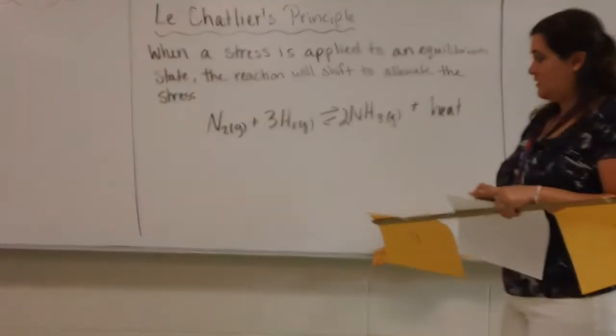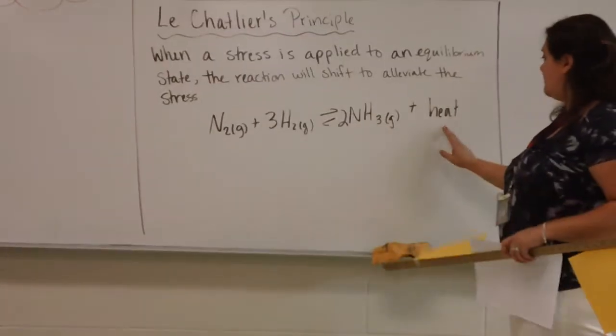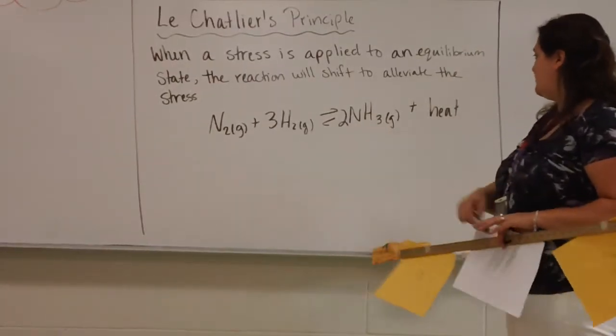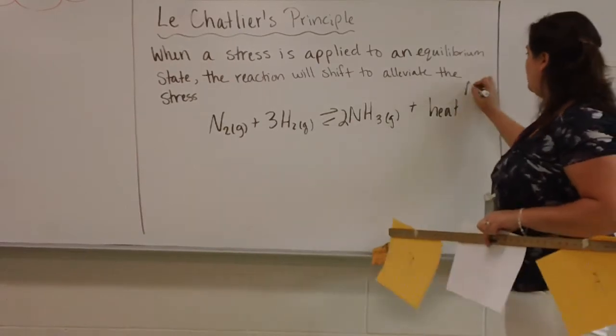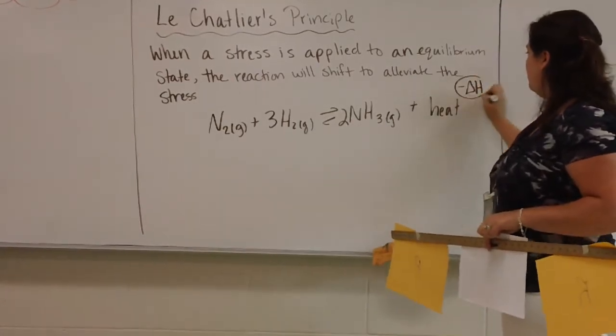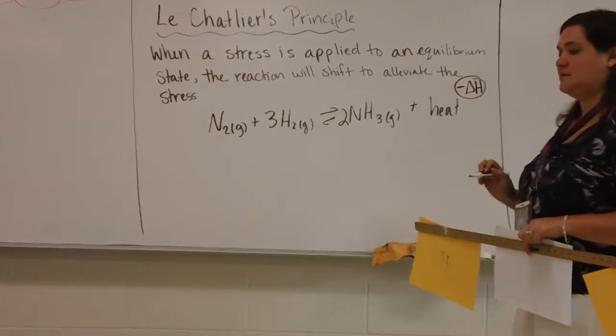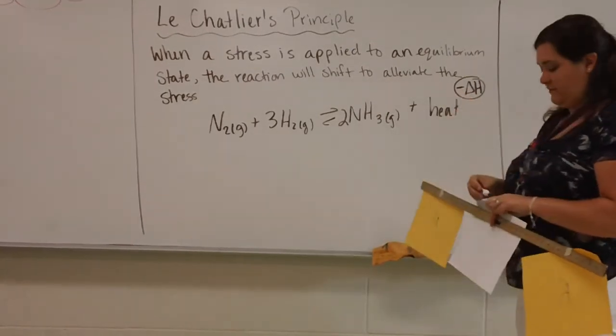Since heat is on the product side, this is an exothermic reaction, meaning that delta H is negative, and that is an error in your notes, so please correct it. It is negative. It's exothermic.